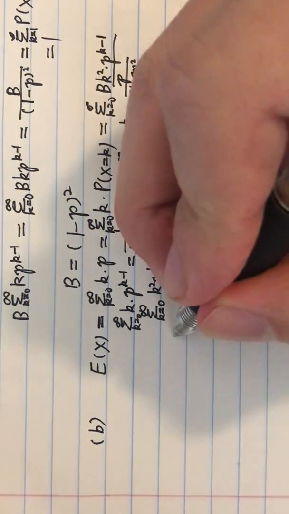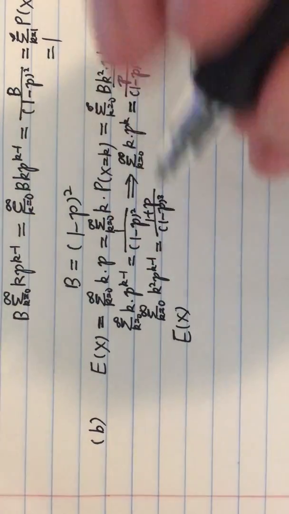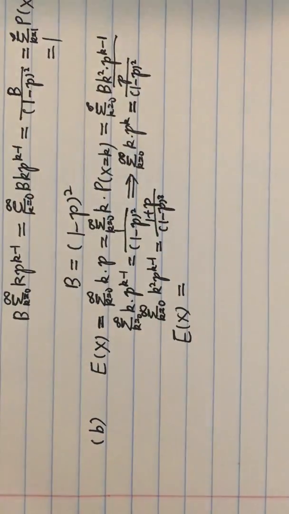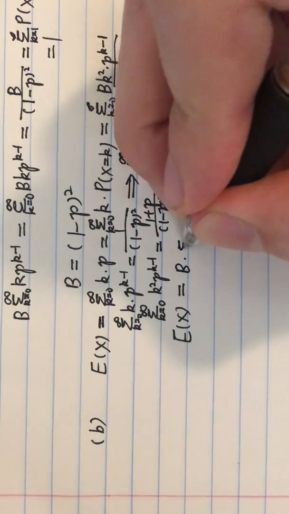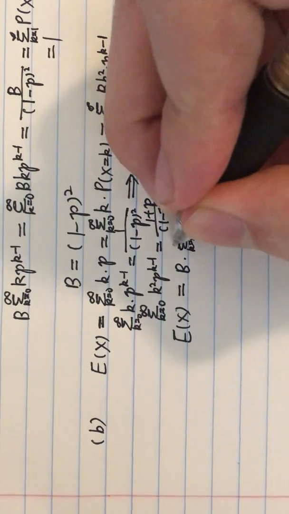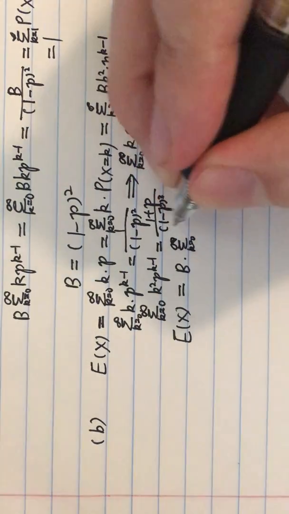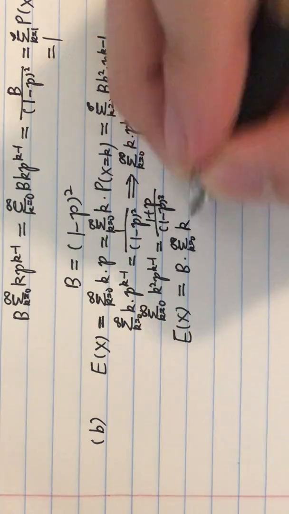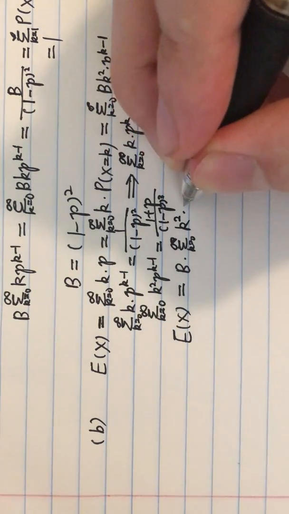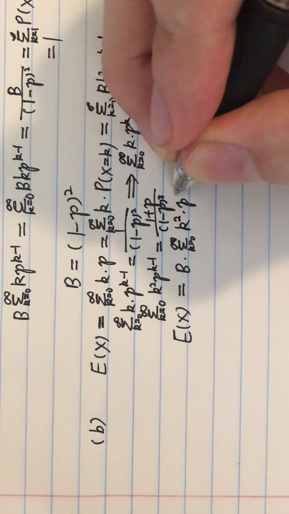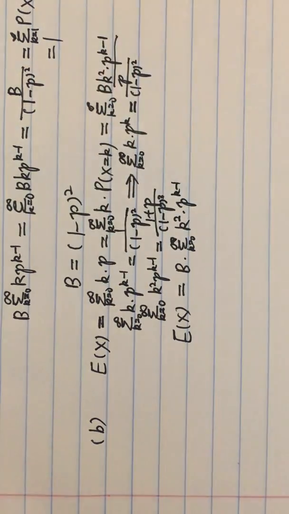So we can see now EX equals b times the sum from k equals 0 to infinity of k to the power of 2 times p to the power of k minus 1.